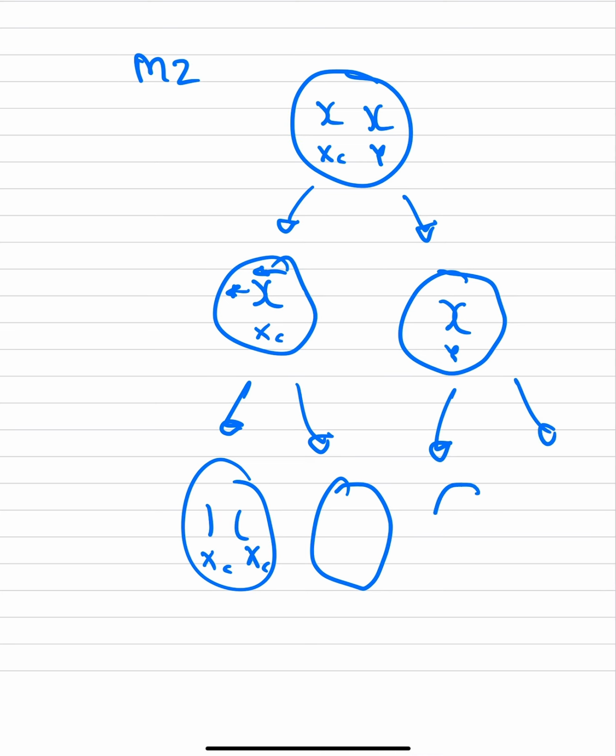However, for this other cell, we're going to assume that a non-disjunction did not occur, unless we have some sort of strange individual with all these weird chromosomes. Now keep in mind that this also can happen for the Y chromosome as well. So we could have a regular splitting pattern for the X chromosome, and we could have non-disjunction occur for the Y chromosome.